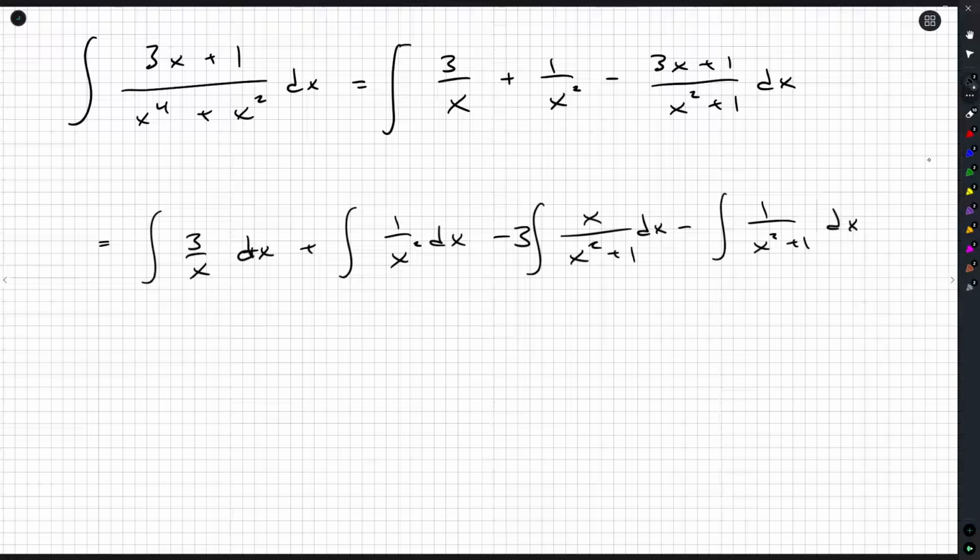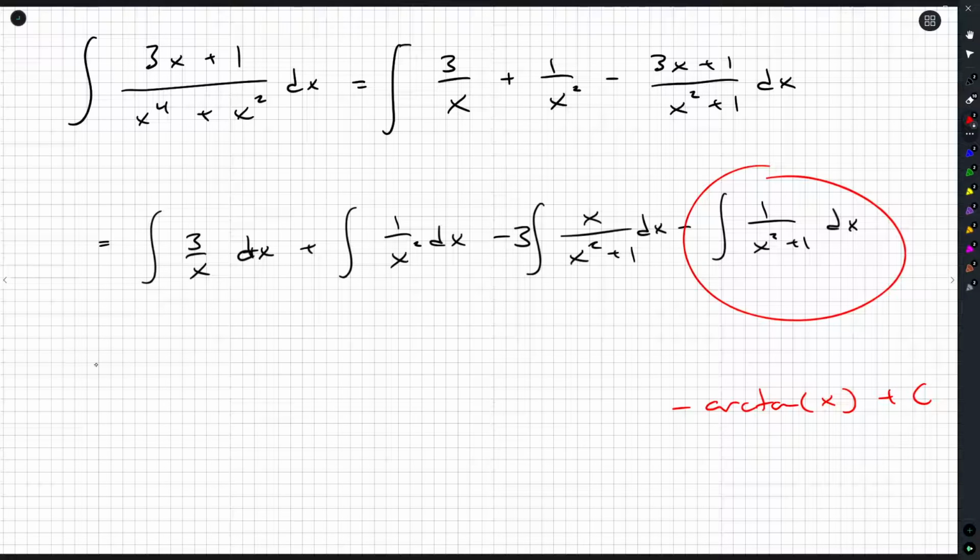Now, it's really easy to do that. We don't even need a formula for this portion here. This just goes straight to arctan. Okay. This one up here turns into 3 ln x, so let's not forget our absolute values. Plus, this turns into -1 over x squared, so we'll change our sign here.